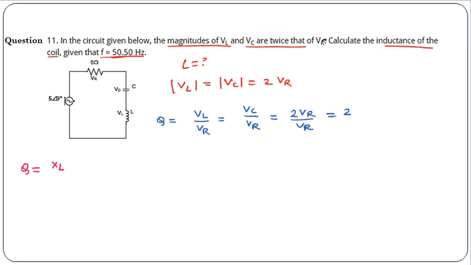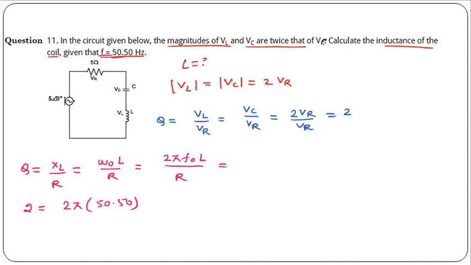So this Q is given by XL by R. So this is equal to omega naught L by R, that is 2 pi f naught L by R. Okay, so this is the quality factor. The quality factor value is 2, so this is 2 into pi, into the frequency, that is the resonance frequency, 50.50. The inductance value we have to calculate, and the resistance value is 5 ohm.